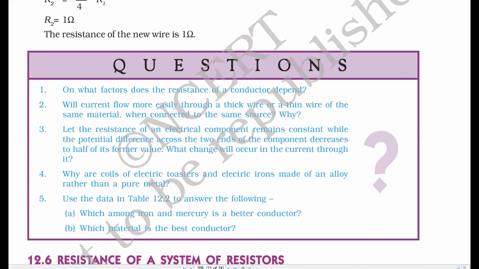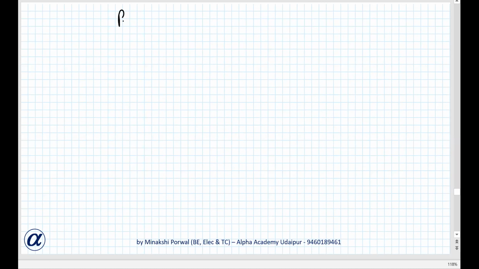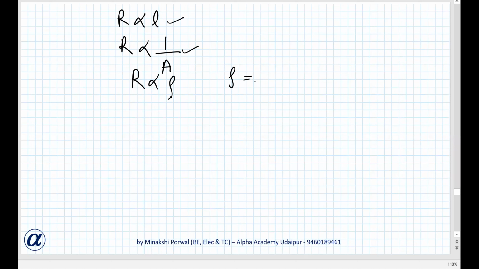Okay, so actually what you should write is R is directly proportional to length, R is inversely proportional to area, and R is directly proportional to rho. This is length, this is area, and rho is resistivity of the material. These three factors you can write, and even you can write temperature also. Is it clear this question?